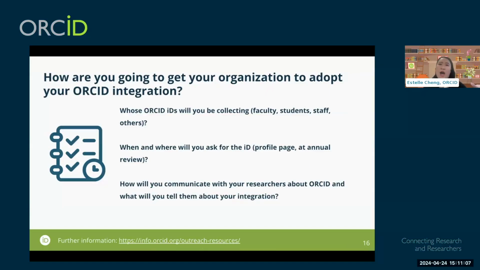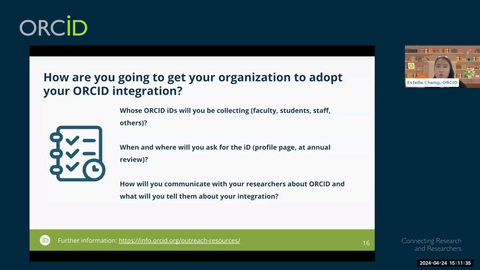The next is about how. The planning part also includes who you are going to collect ORCID IDs from. Whose ORCID IDs will you be collecting, whether just researchers, or PhD students, or even faculty? And on what occasion or when are you going to ask for those ORCID IDs?